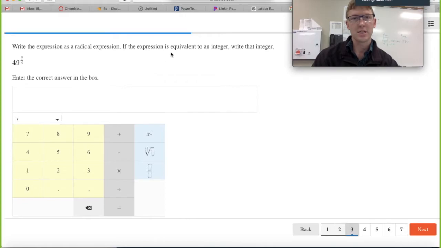Write the expression as a radical expression. If the expression is equivalent to an integer, write the integer. So the radical is just this symbol. Anytime you see that, that means it's looking for the radical version.